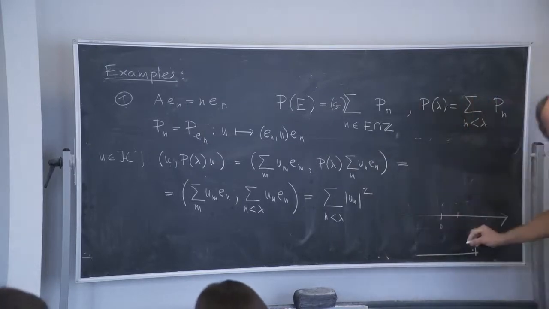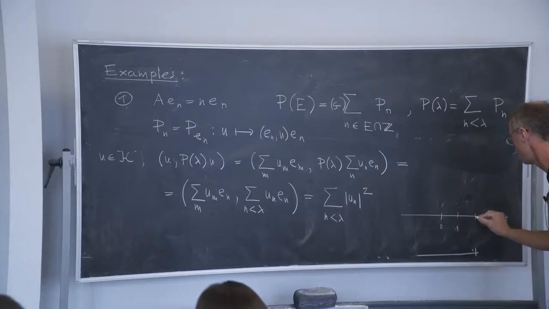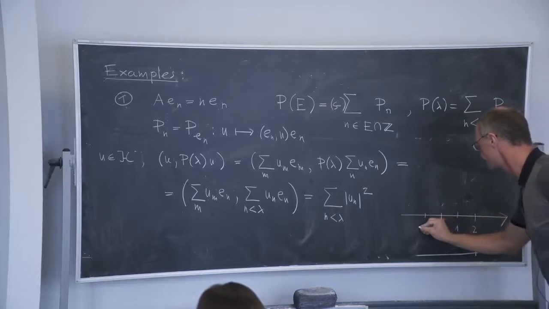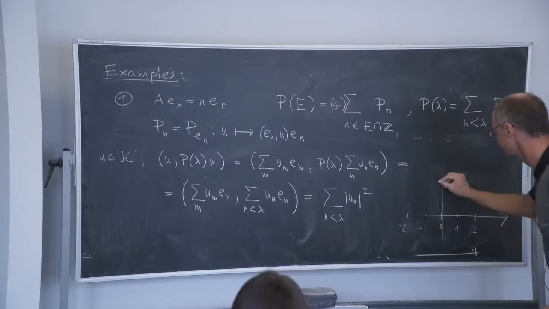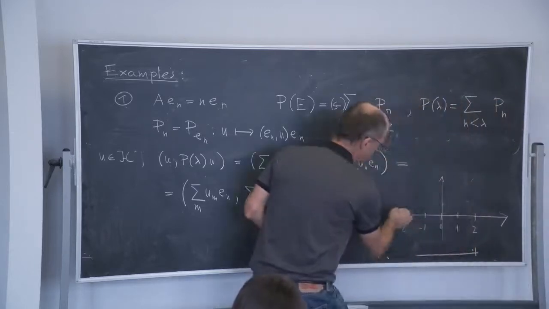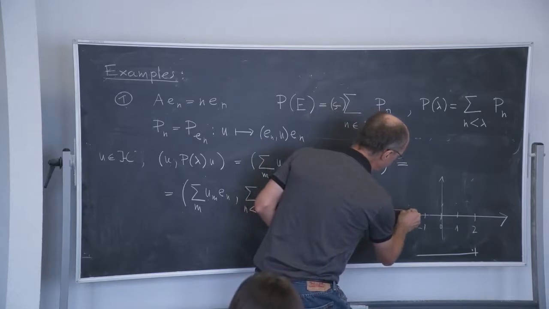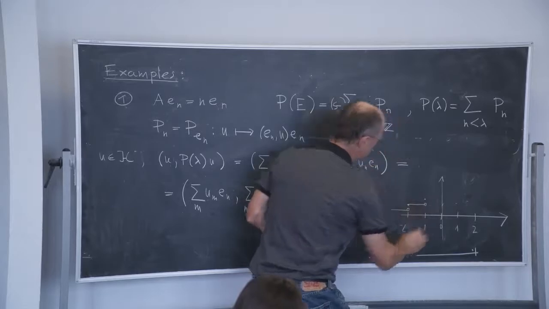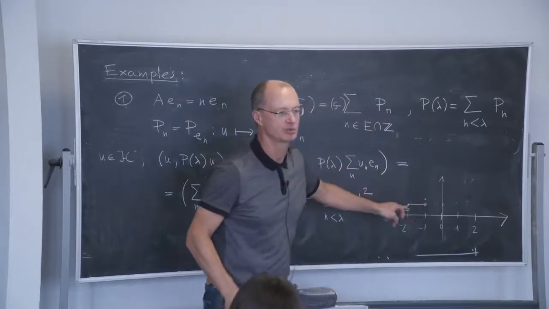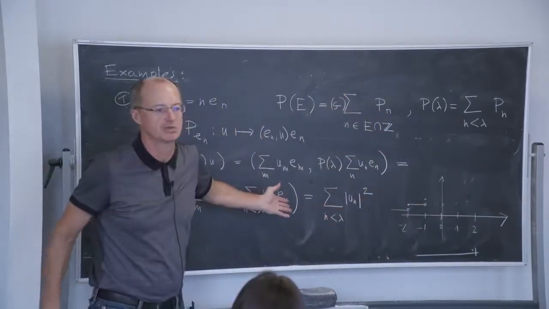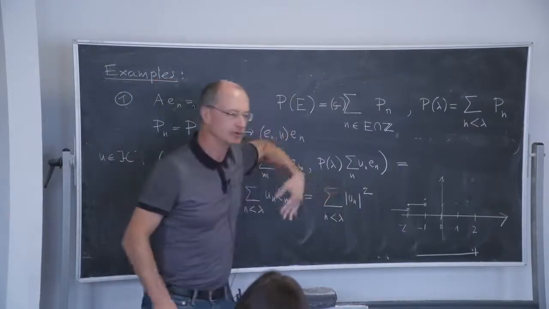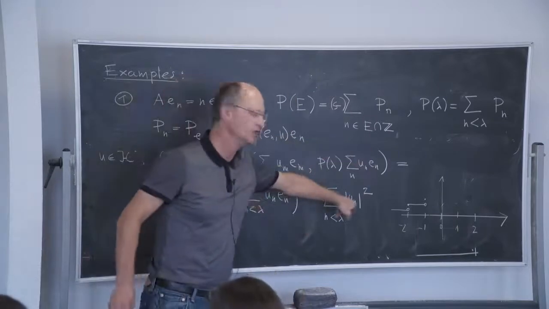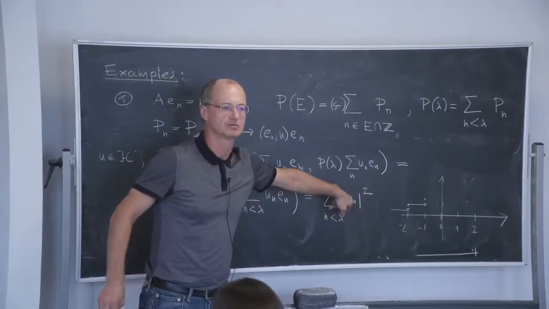So if I try to draw a graph of such a function, what happens is similar to the finite dimensional story. A priori, at each integer it may jump. It may not jump, depends what is un squared, right? But a priori, when you're passing an integer, you are adding.